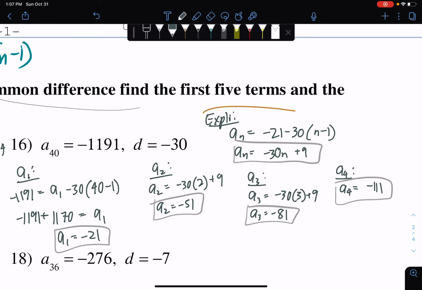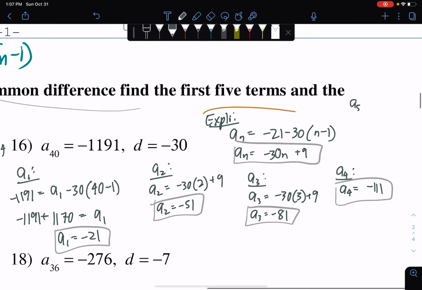Let's not use the formula anymore for a sub 5. This time, let's do it the fun way. Negative 111 plus negative 30. A sub 5 is equal to negative 141.